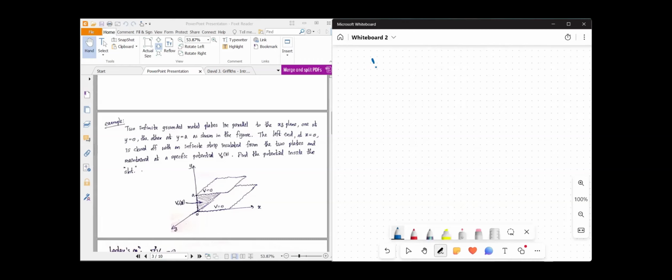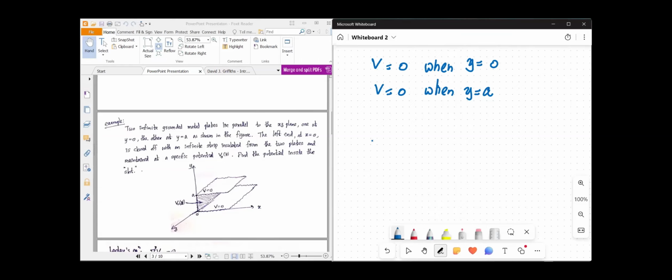So let's first write the boundary conditions for this situation. It is given that the potential is 0 on the grounded metal plates. So potential is 0 when y is 0 on this grounded plate, and again V is 0 when y is a, on this metal plate.